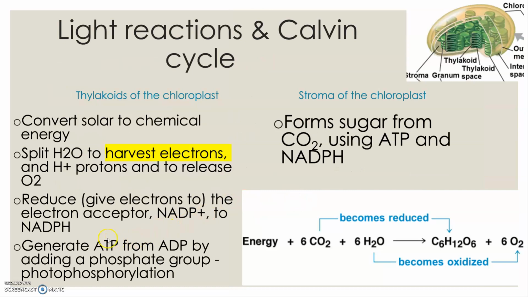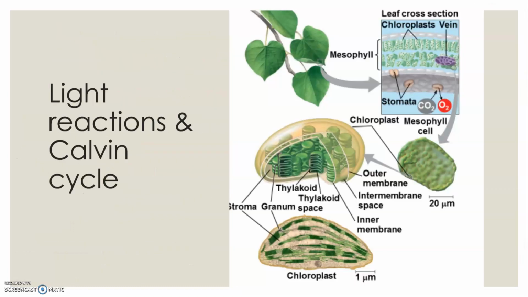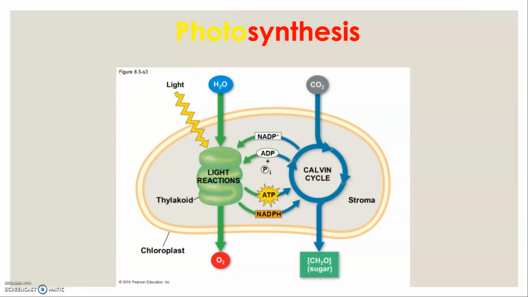And lastly, some ATPs are produced by joining a phosphate group onto ADPs through a process called photophosphorylation. Just the addition of a phosphate group onto ADP. Okay, so here we are again. ADP is energized to ATP.